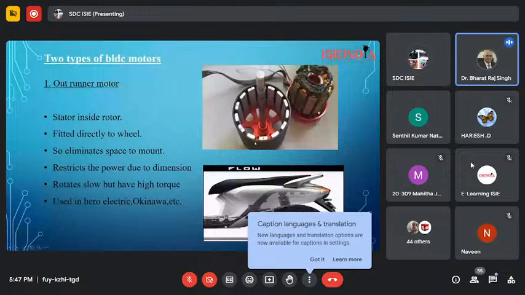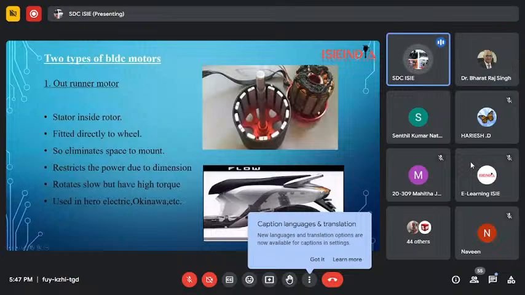In this motor, this is the outer part, and the stator inside will be mounted on this axle. This axle will be constant, fitted to our vehicle's chassis, and the tire will run freely, just like our bicycle's tire. So the axle is fixed, and the outer part is moving.